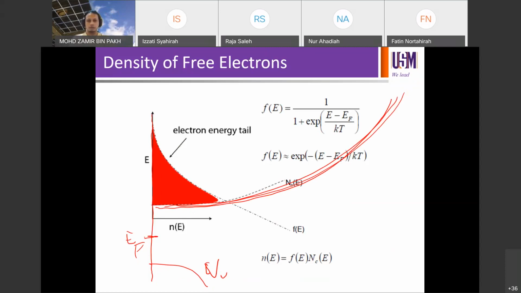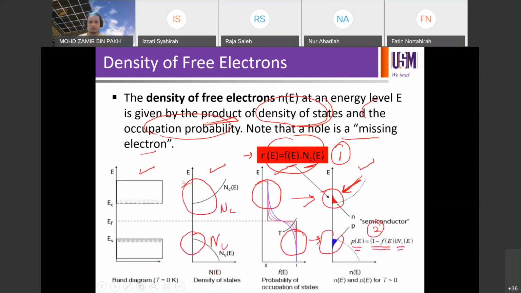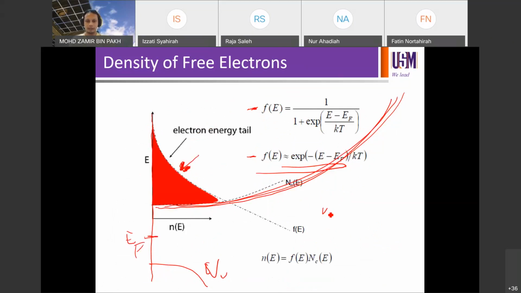Okay, so this is the Fermi-Dirac distribution function, and this is how it looks, and it can be simplified like this. This is the region where you have your free electrons in your conduction band, and this is the result of the multiplication of this equation, given by Ne equals Fe times NcE.